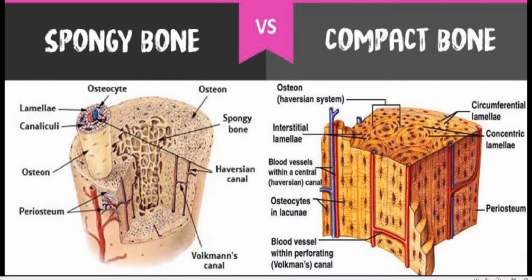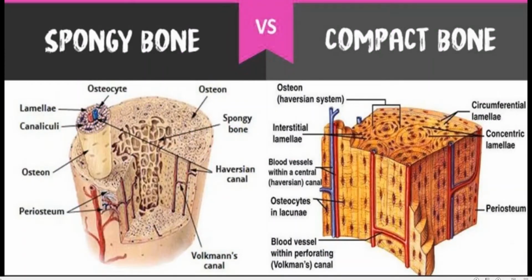Now, what is the difference between the two? Spongy bone houses the blood vessels. It is less dense, softer, and weaker. It is located at the ends of long bones, proximal to joints, and within the interior of the vertebra.